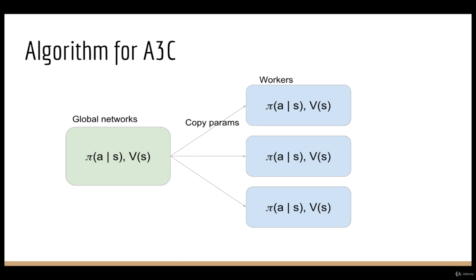Then, each of these worker machines is going to play a few episodes of the environment using its current network weights. From its own experience, each worker can also calculate the policy gradient updates, as well as the value function updates. Now, of course, keep in mind that only this worker knows about its own updates.